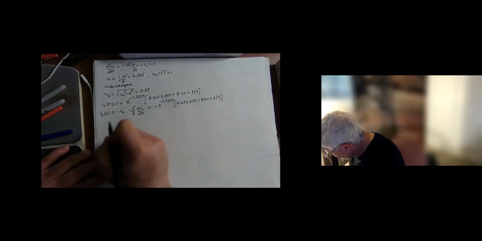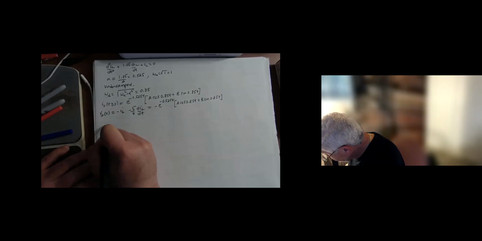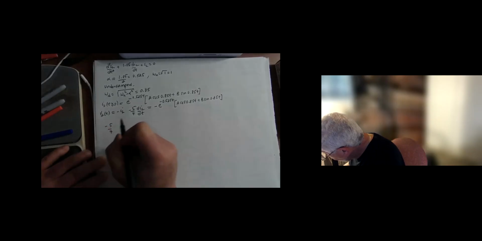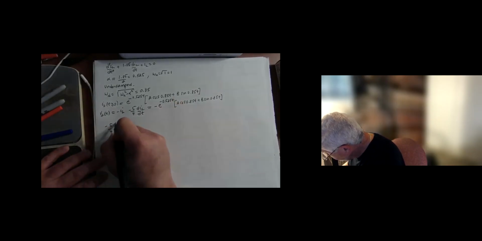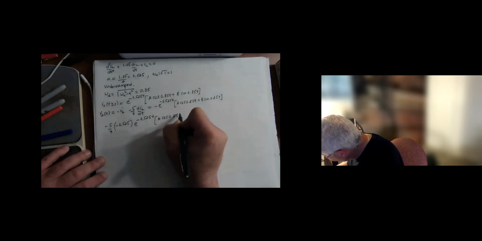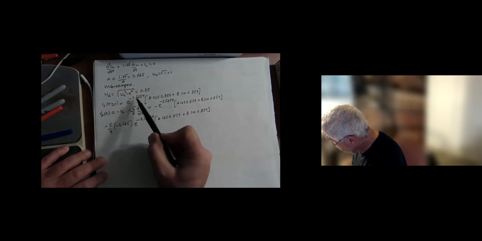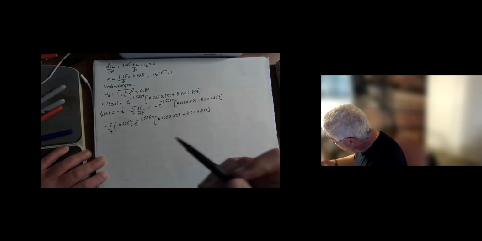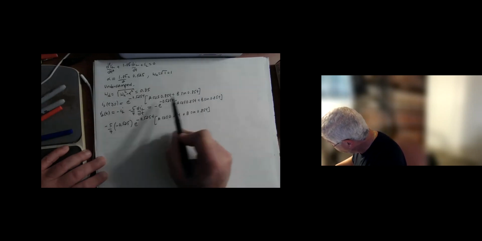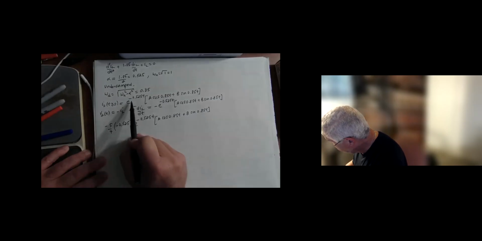So let's work this way. We have minus 5/4, the derivative of the first. So we're going to have minus 0.525 e to the minus 0.525t times a cosine 0.85t plus b sine 0.85t. Okay, so that's the derivative of the first times the function. Plus the derivative of the second, what's in the bracket here, multiplied by this.